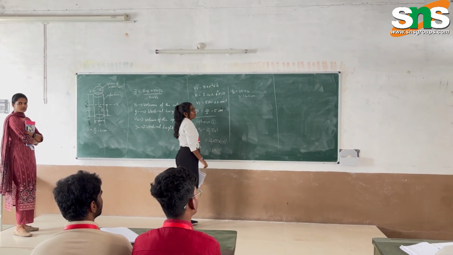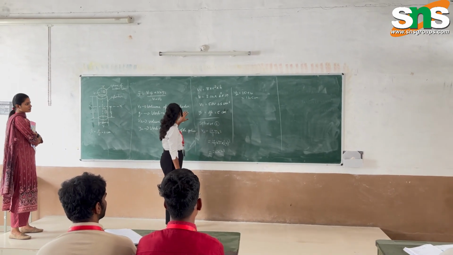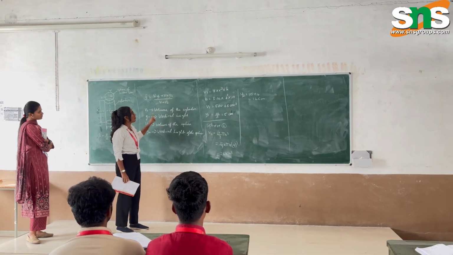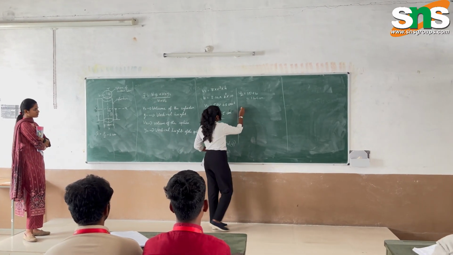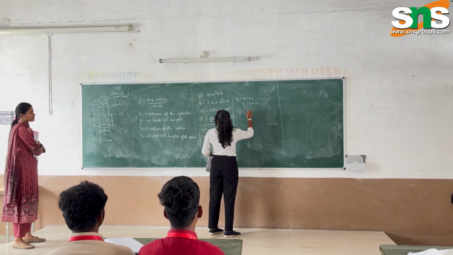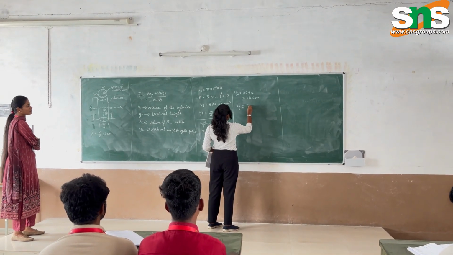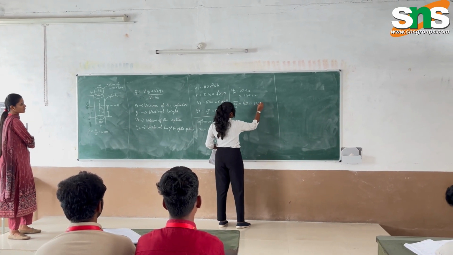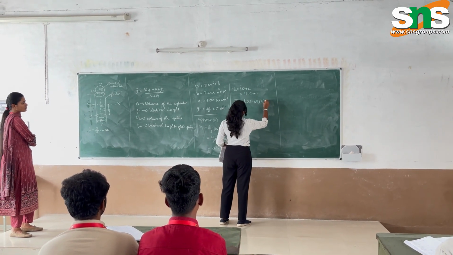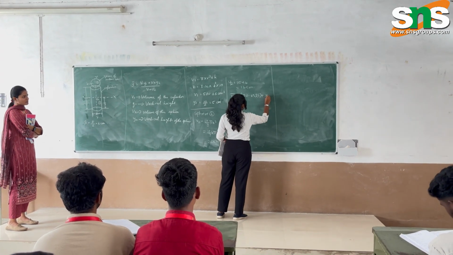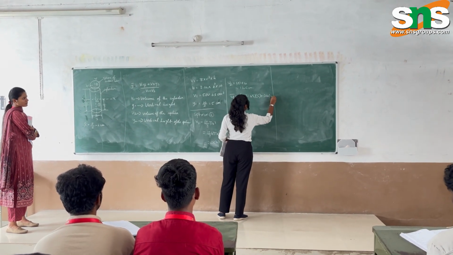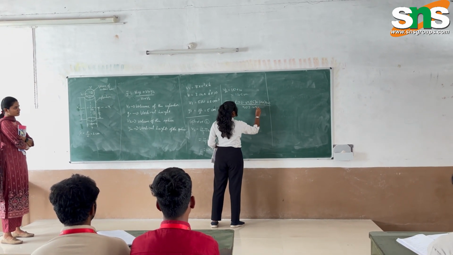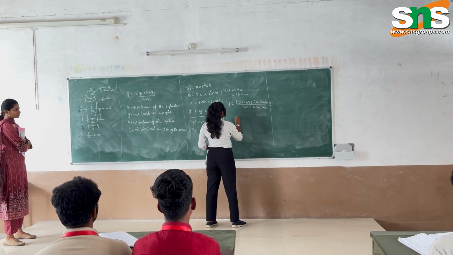Now, according to the formula, we have found V1, y1, V2, y2. We substitute: V1 is 502.4, and y1 is 5, plus V2, 268, and y2.